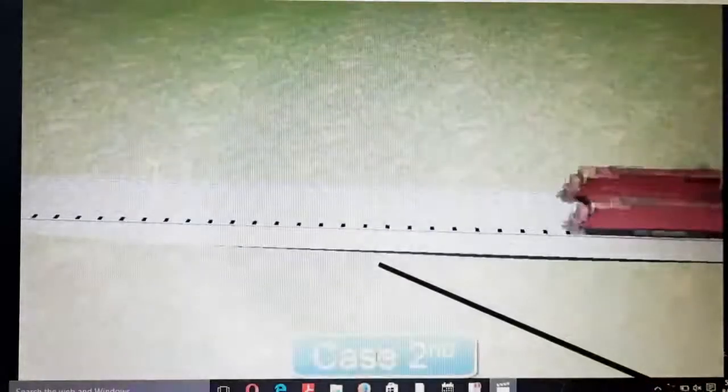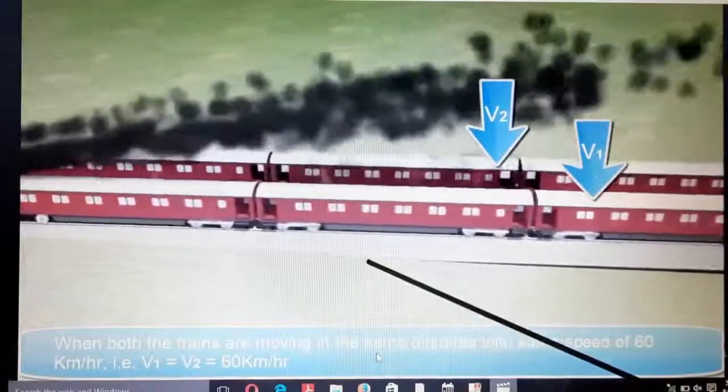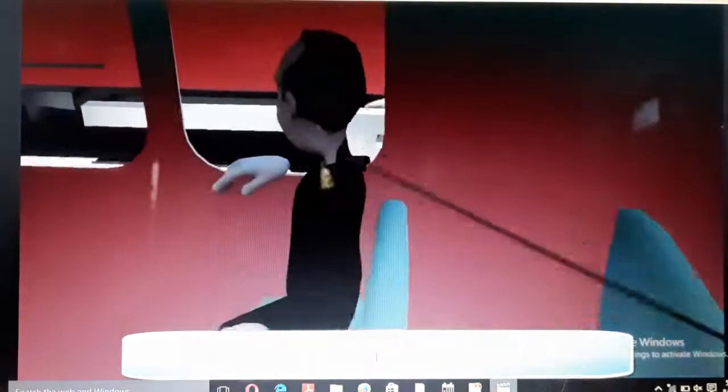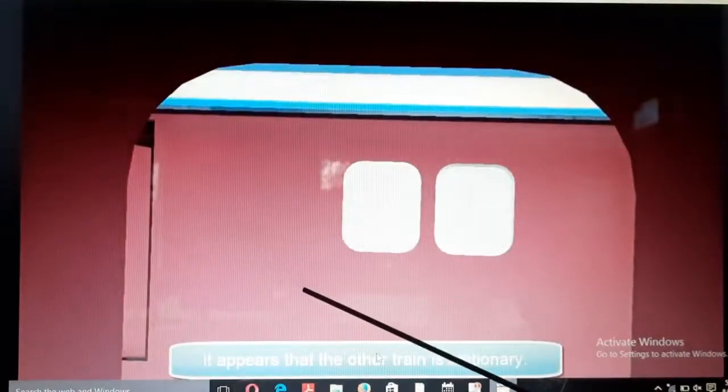We now have two trains and the velocity of both trains is 60 km per hour, means the speed is the same. So suppose in this train we have one person, he sees another train, but compared to this person, this train is steady.